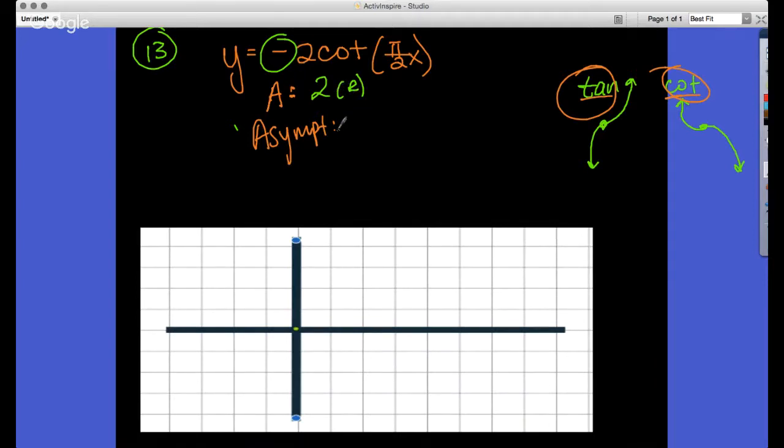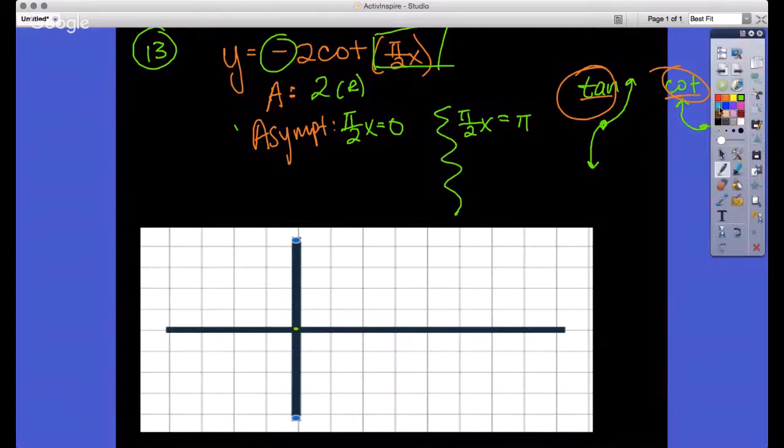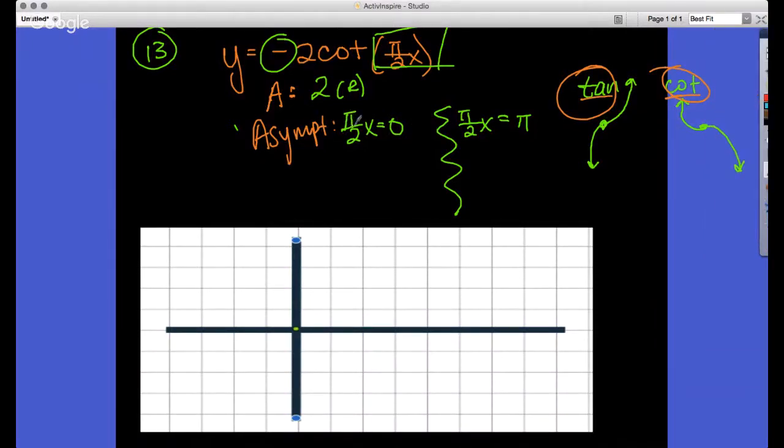All right, so our asymptotes, you'll have this, but remember that with whatever follows the cotangent, in this case pi over 2x, we're going to set that equal to 2 things. Okay, so we have 2 things on this side, because again, we'll have 2 asymptotes. The first thing we set equal to is 0, and the second one we set equal to is pi. So the goal is to get x by itself, and we can do that by multiplying by the reciprocal there, okay?